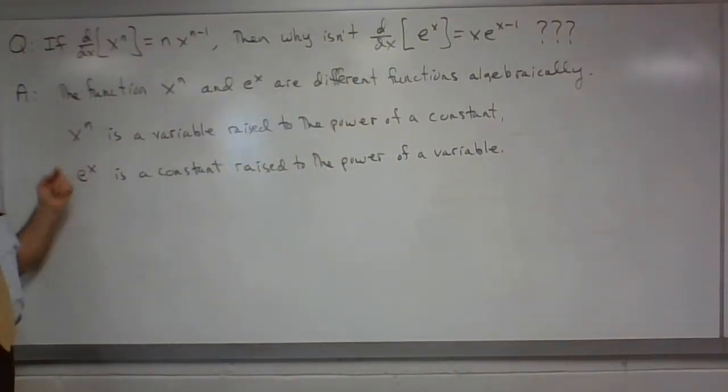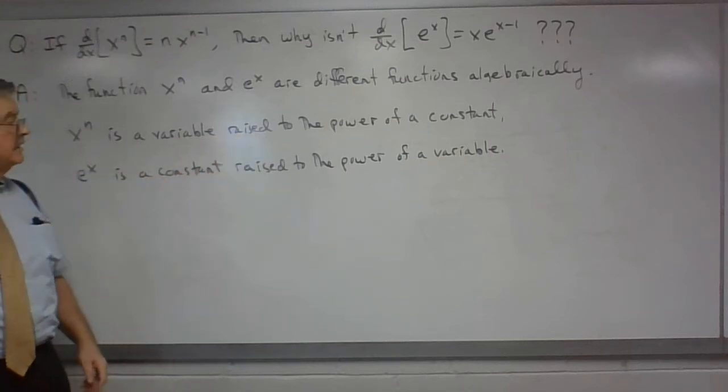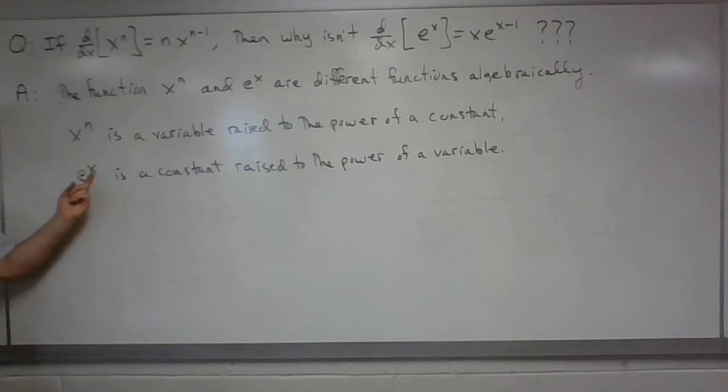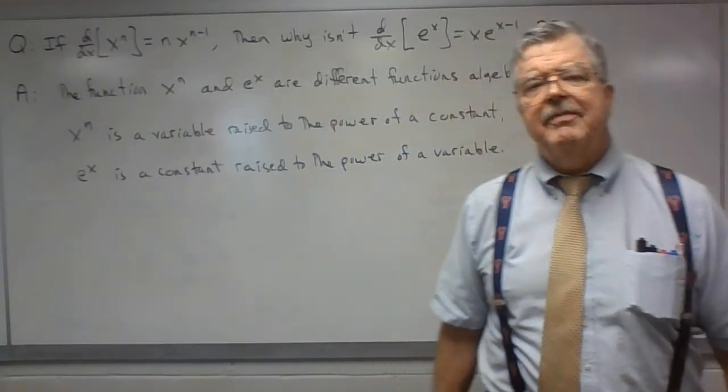X to the n is a variable raised to the power of a constant. E to the x is a constant raised to the power of a variable. Those are two completely different things.